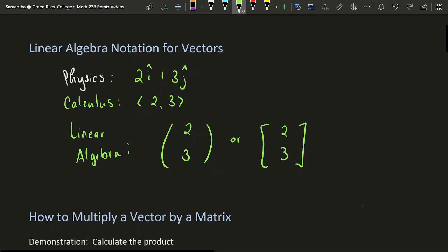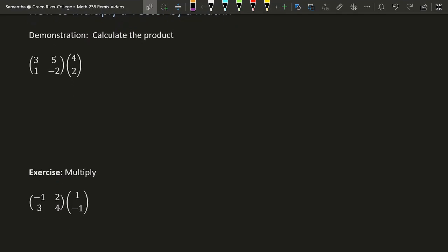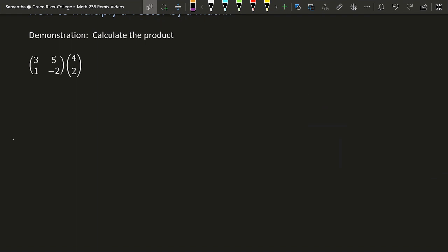So the first thing that I'm going to do is show you how to multiply a matrix and a vector. And then once we have had some practice with the basic calculations, we're going to explore what is happening when we multiply a matrix and a vector together.